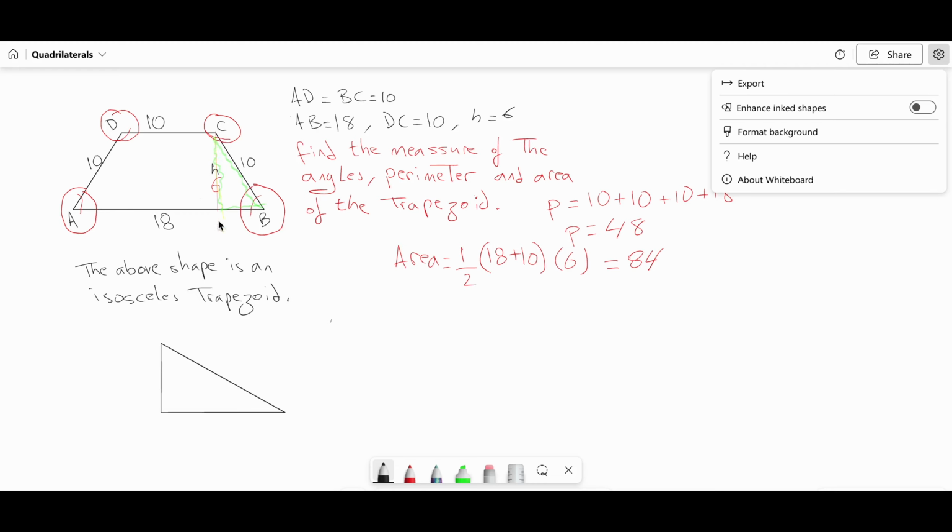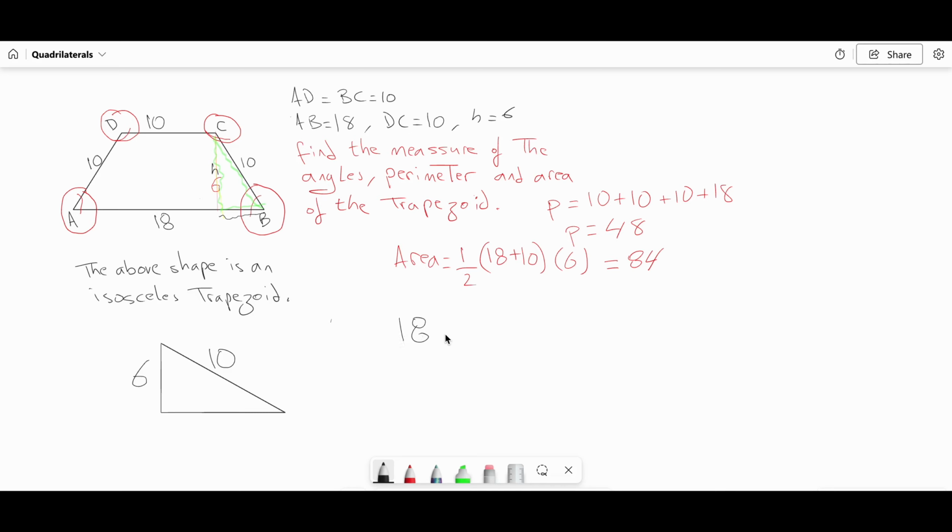And we know from this right triangle that this side is 6. We know that the hypotenuse is 10. And we know how much is this side also. This side here is equal to 18 minus 10, right? This side minus this side is equal to 8.